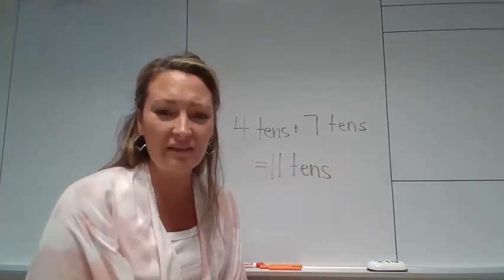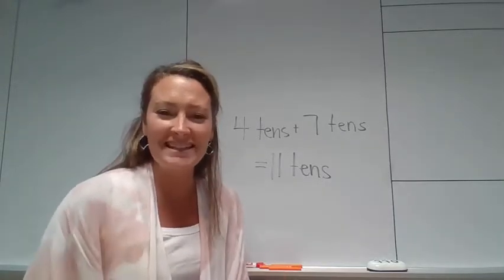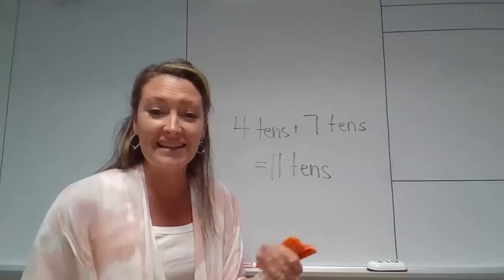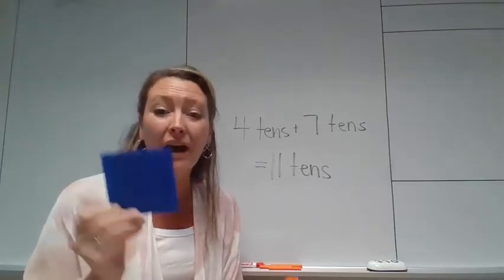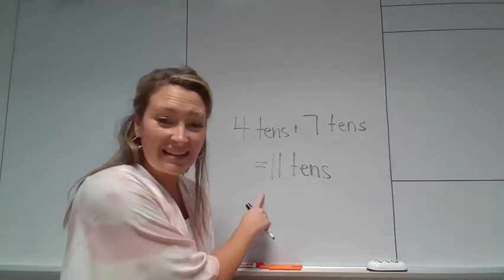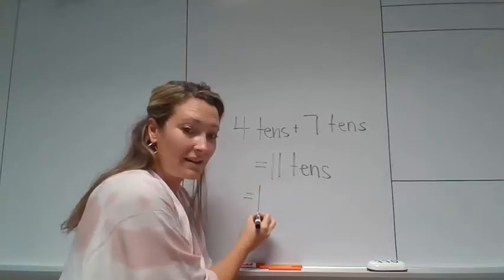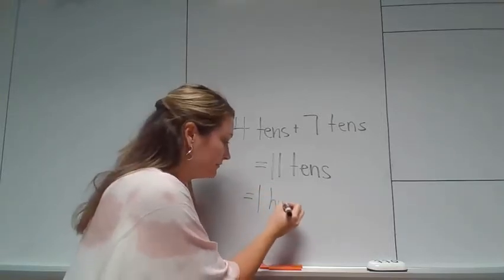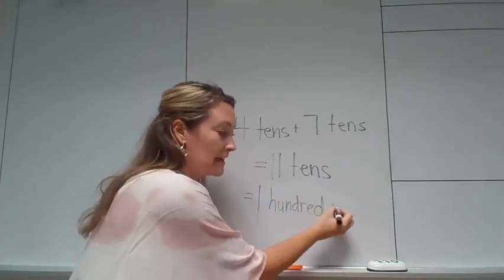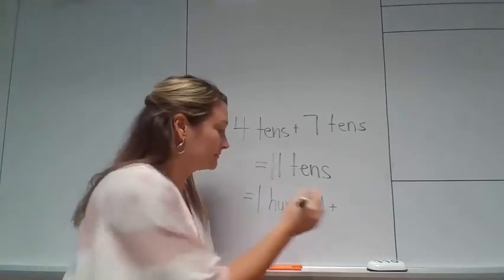But what is 11 tens equal to? Well, how much would 10 tens be equal to? 10 tens is equal to 100. So I could also say that 11 tens is equal to 100 plus one of my tens.